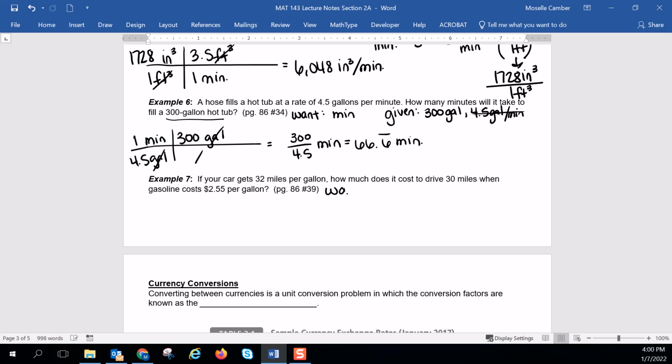So what we want, question word, how much does it cost? Okay, so if we're talking about cost, in our country we measure cost in dollars. So it doesn't say like a cost per or cost each, so we just want dollars.